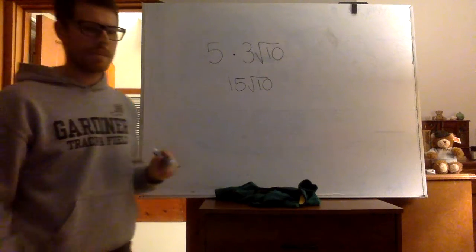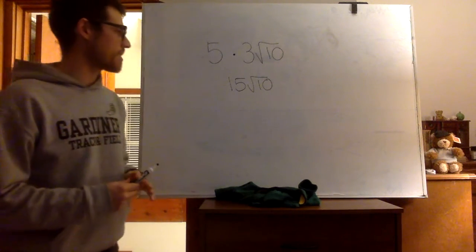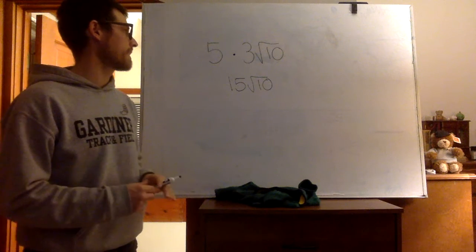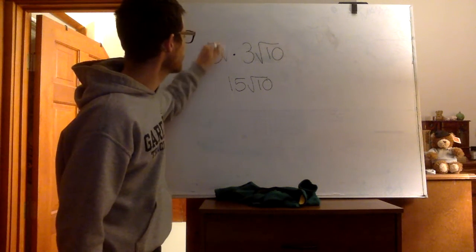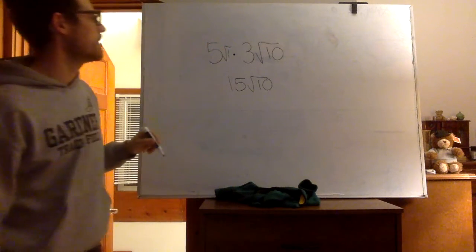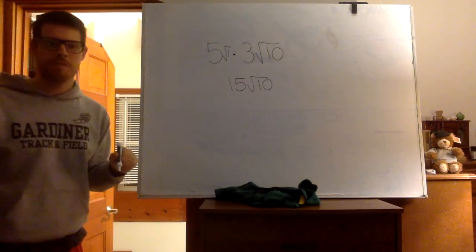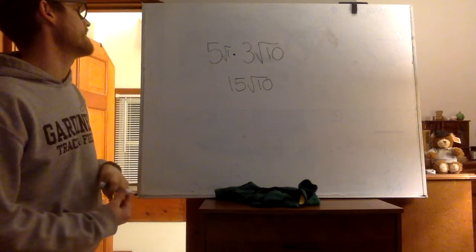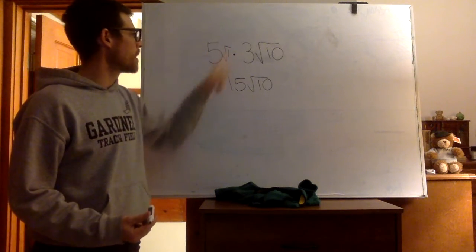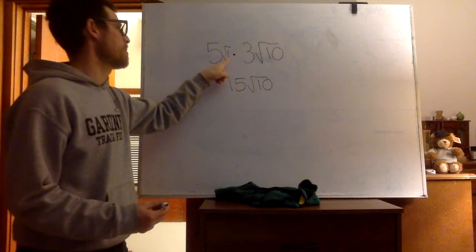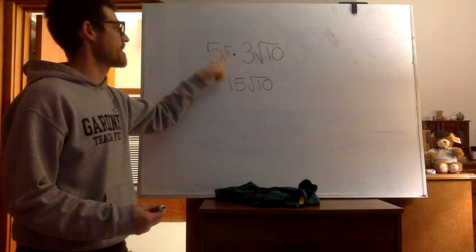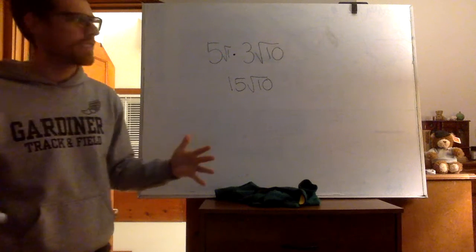Now, if we're getting really mathy about the idea and we're trying to think I always want to have a radical there, technically I could have squeezed in a square root of 1, but that's not necessary for you to do. If you had the square root of 1, 1 times 1 is 1. So I'm allowed to just put a square root of 1 there because any number times 1 is itself.